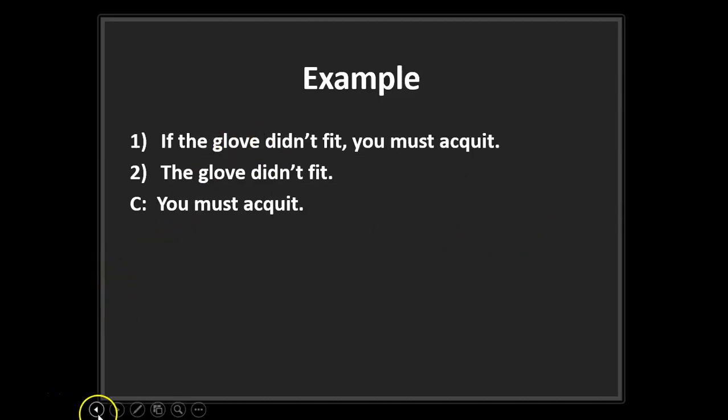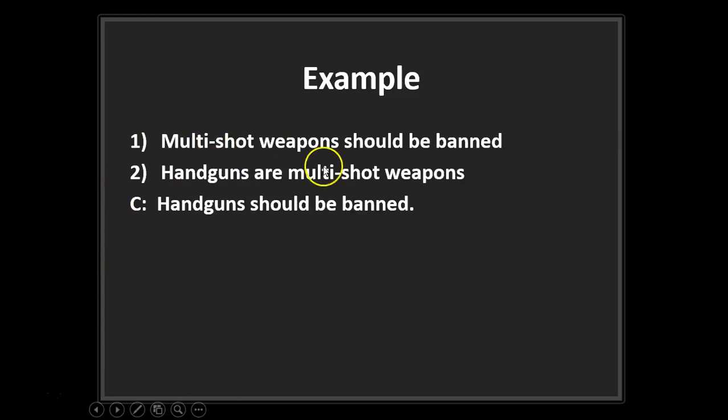But the question is, can you absolutely say multi-shot weapons should be banned? You can argue for this, right? But you can't say whether that's absolutely true or false. You'd have to create a sub-argument for that. I mean, this is indisputably true. So do you see what the point I'm trying to make?